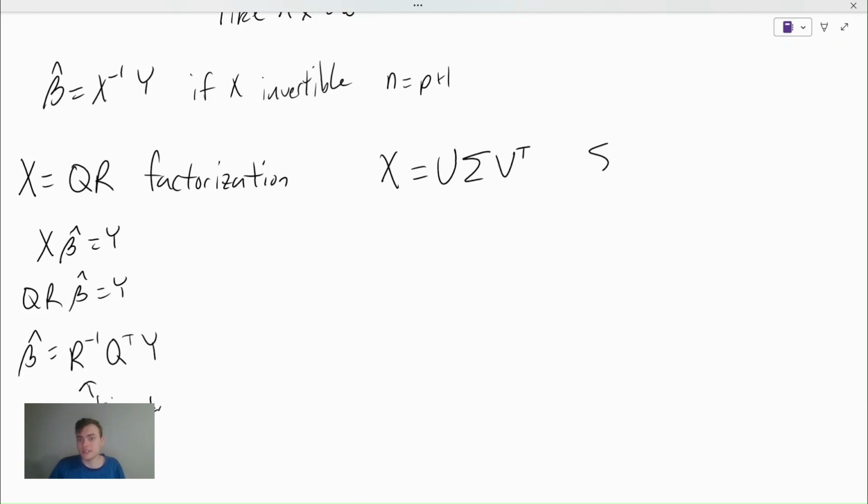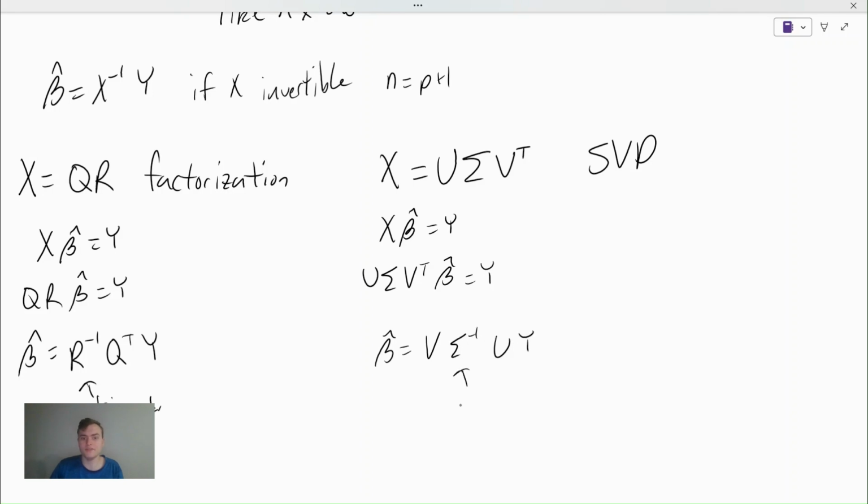singular value decomposition, SVD, of the matrix X. So we're saying that X equals U sigma V^T for the U, sigma, and V^T that we've already found. And so then X beta hat equals y turns into U sigma V^T beta hat equals y, and beta hat equals V sigma inverse U^T y.